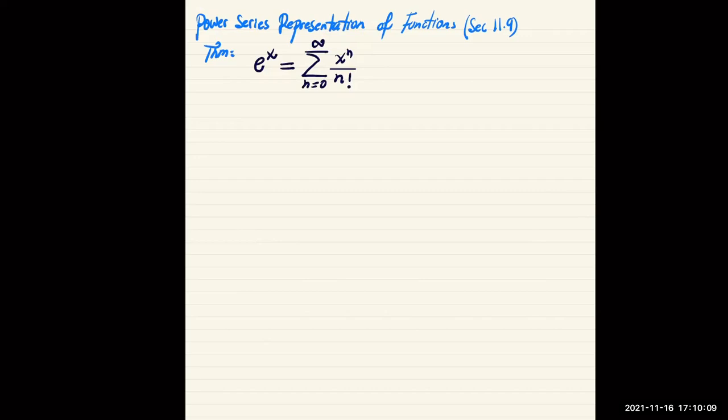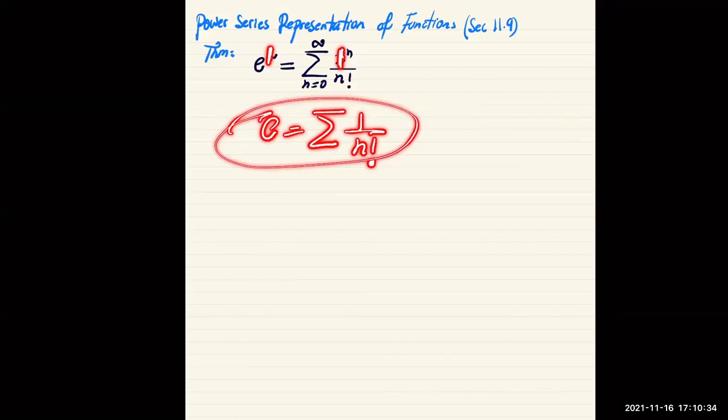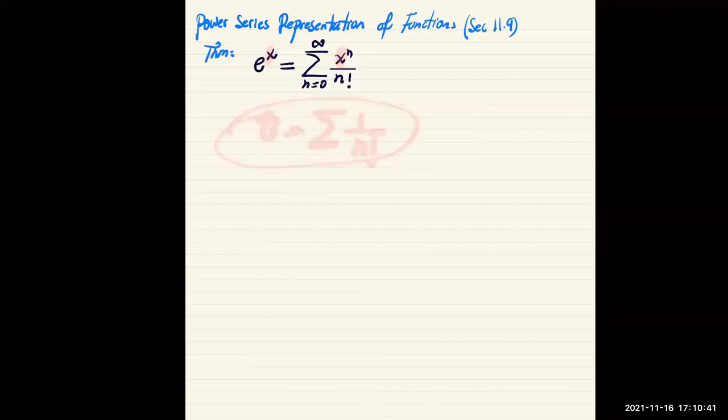And I did discuss in the section on basic comparison that e to the power of 1, or just e, is the same as the sum of 1 over n factorial. So if you put 1 for x, you get the representation for e. E can be represented as a series.